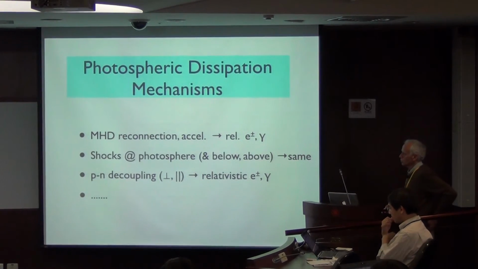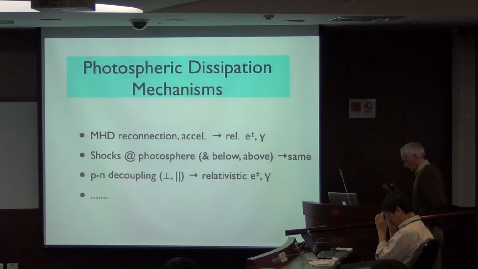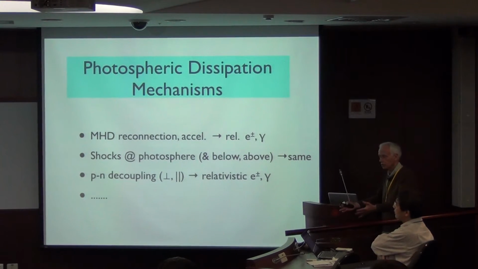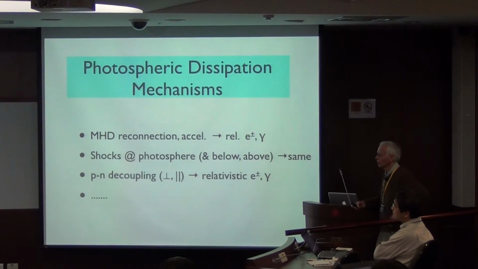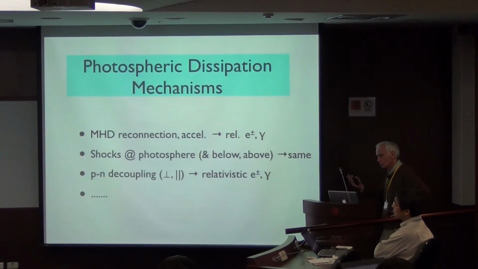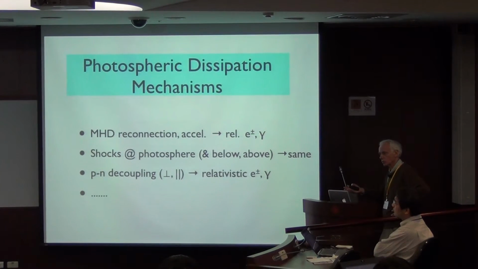An additional source of dissipation is if you consider that the outflow has not only protons but neutrons. It should have neutrons because that's the normal stellar material. It's more or less an equal number of protons and neutrons, just as in nature. Especially since we're talking of mainly hydrogen and helium, those are the most abundant elements.